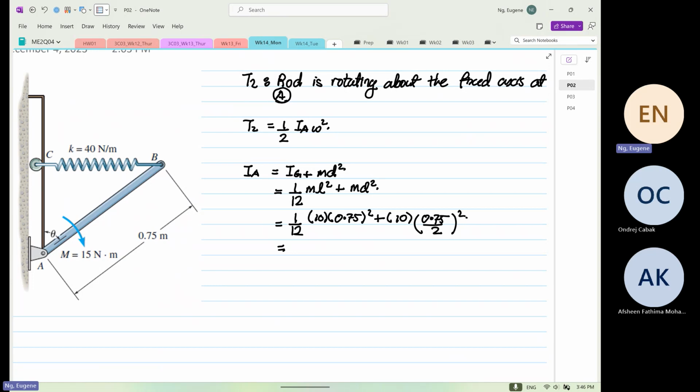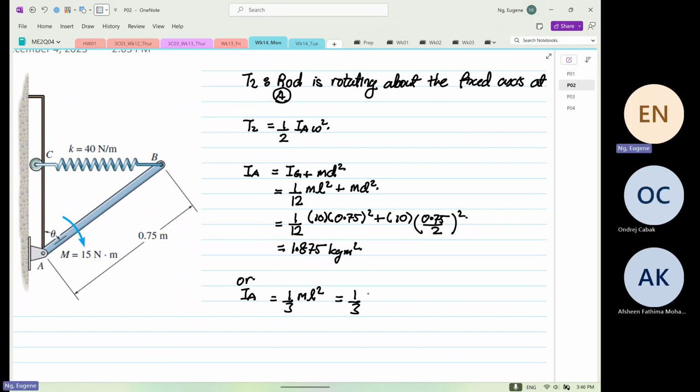So this will be equal to 1.875 kilogram meter squared. Or you can do IA is equal to 1/3 ml squared.